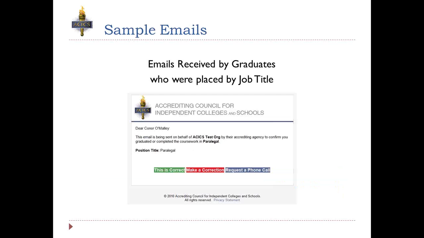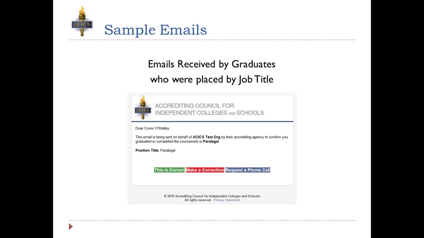Very briefly, we'll go over the 3 types of emails that could potentially be sent to a graduate, as well as the 3 types of emails that could be sent to an employer. So beginning with emails received by graduates who were placed by job title. This information is populated from the information that you enter into the spreadsheet, which Connor just went over.